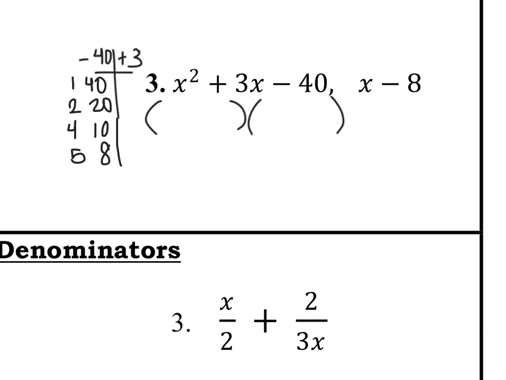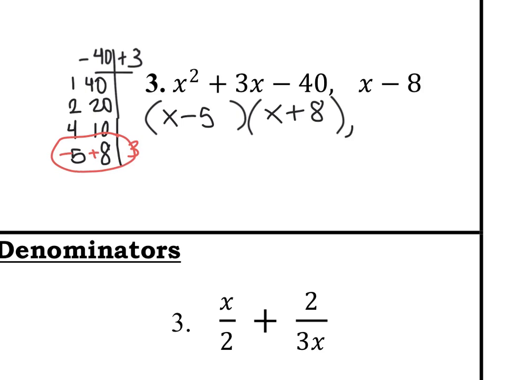One of those numbers has to be a negative because it has to multiply to negative 40. So where can I put a negative that if I combine the two terms would give me a positive 3? Negative 5 plus 8 does equal 3. So I have x minus 5 and I have x plus 8.